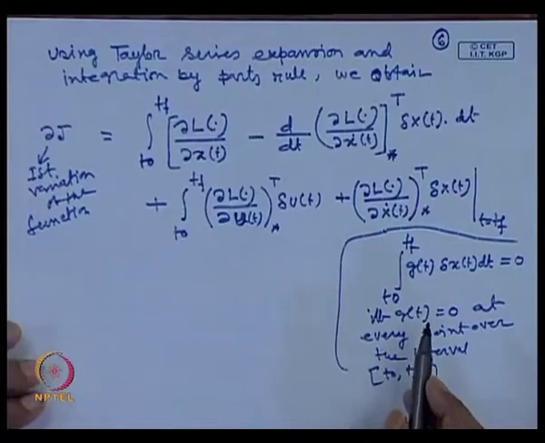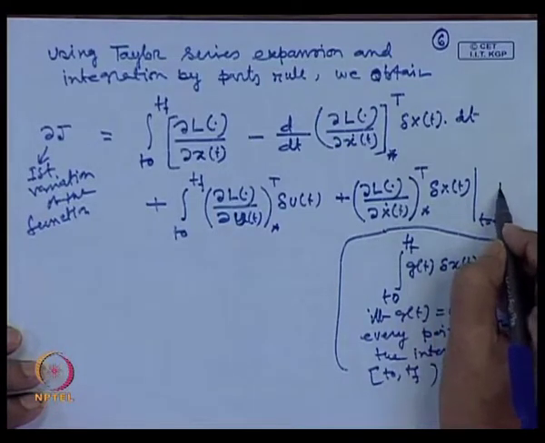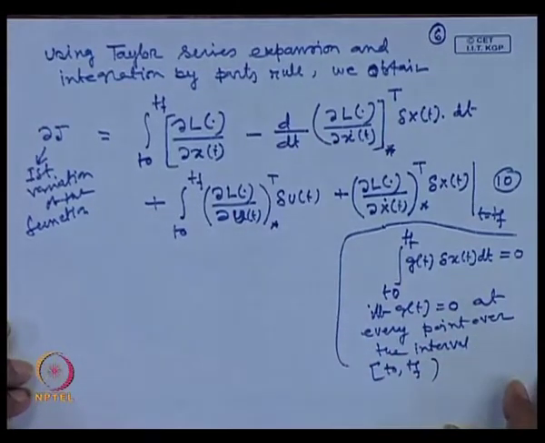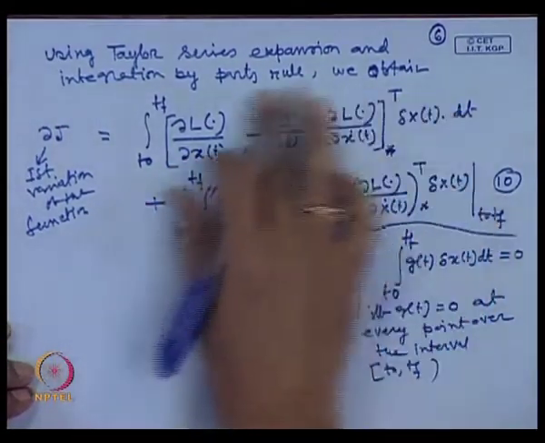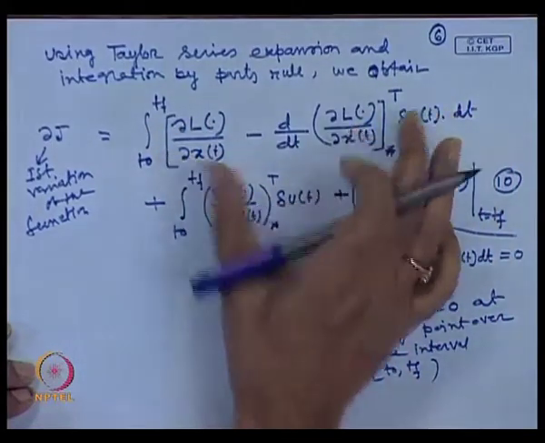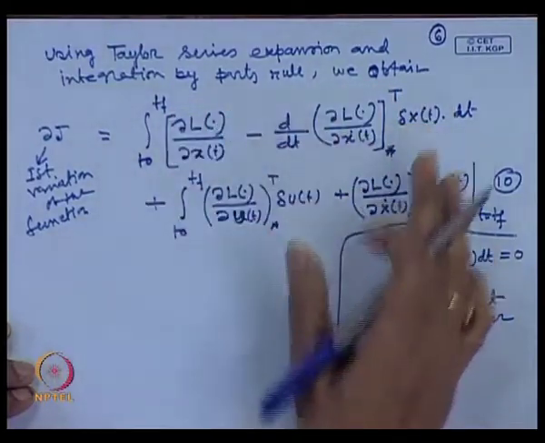So, if you consider this as equation number 10, 9 we have done, then using this lemma I can write that this quantity will be 0 provided that it is 0, because delta x is not equal to 0.